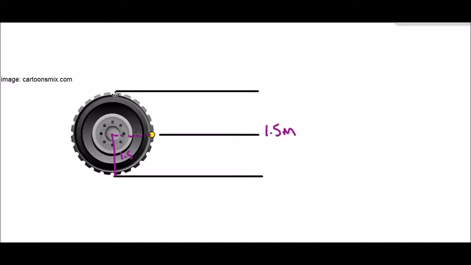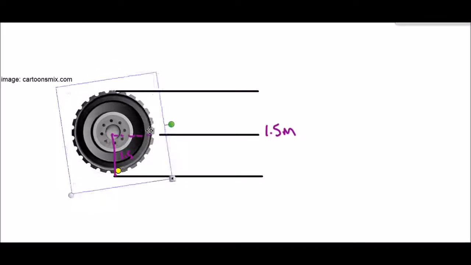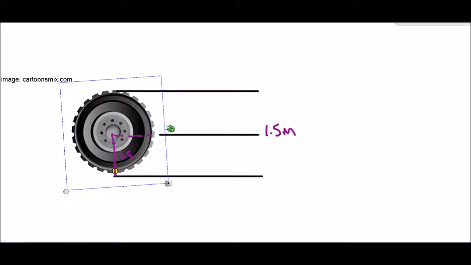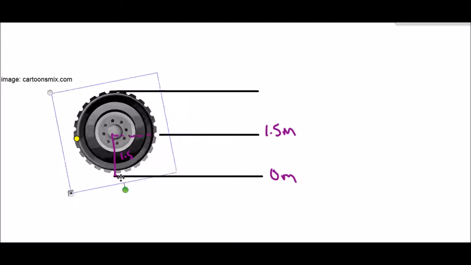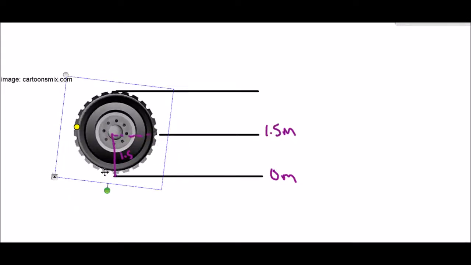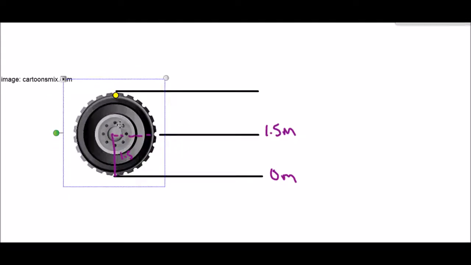Now as we start to rotate the wheel, it's going to now be on the ground, also known as 0 meters above the ground. Then I'm going to rotate again, and it's back to 1.5 meters.